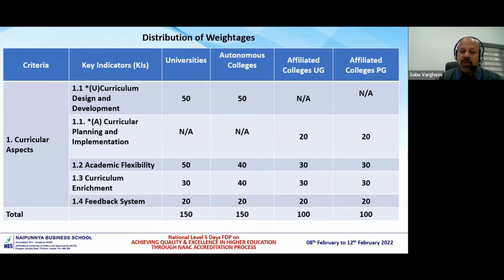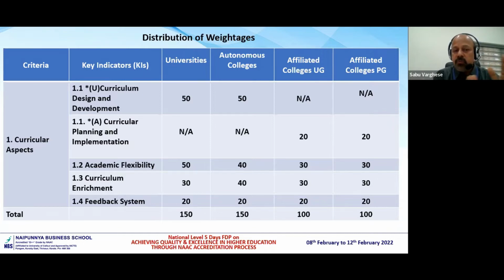And how is the weightage distributed? Look at the first key indicator, 1.1. You can see 2 of them: one is curriculum design and development, the other one is curricular planning and implementation. Why is it like this?